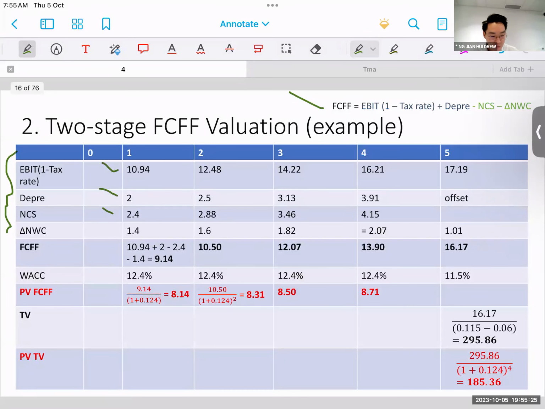So you see all the bold values are here. And I simply put in all my values for the FCFF formula. We have EBIT times 1 minus tax. We add back depreciation, minus the net capital spend, and minus the change in net working capital. I want to highlight that offset happened here, so we don't consider that anymore.